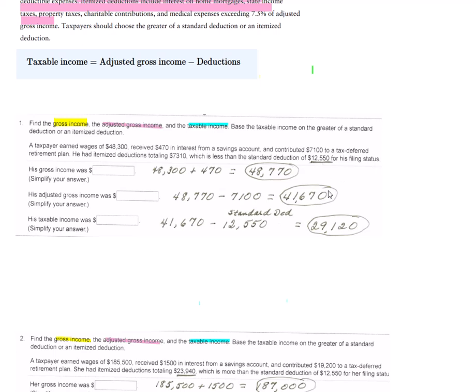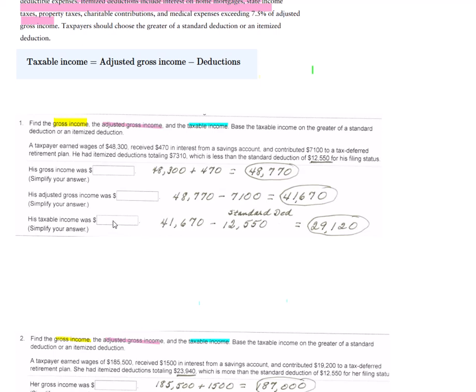So their amount was $12,550. We will choose the standard deduction over the itemized deduction because it is greater, and we want to subtract as much as we can. Take the answer from the second part, which was your adjusted gross income, subtract off the standard deduction, and you end up with $29,120.